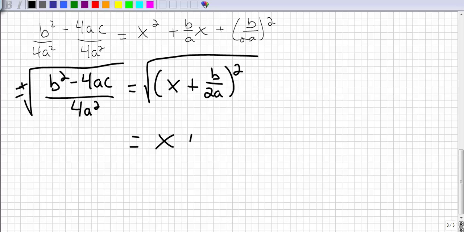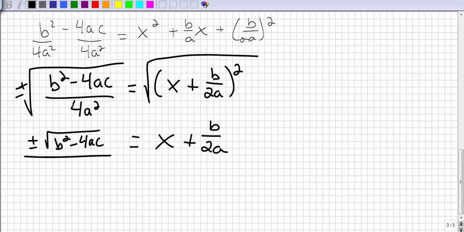We get x plus b over 2a, and then over here, we get plus or minus the square root of b squared minus 4ac all over, and since the bottom is a perfect square, I can make that 2a. And we have one more step to get x by itself.